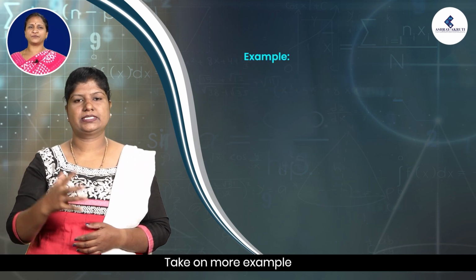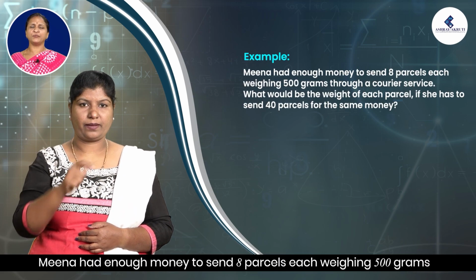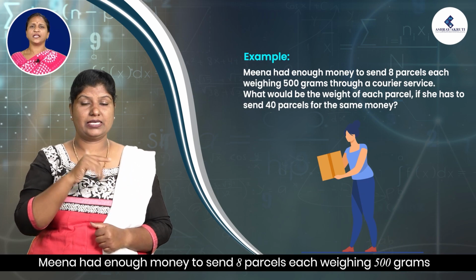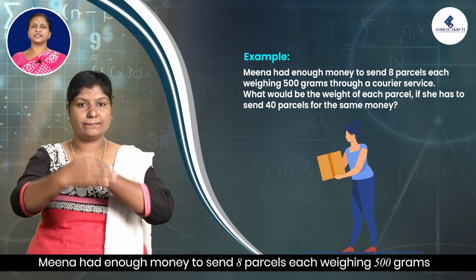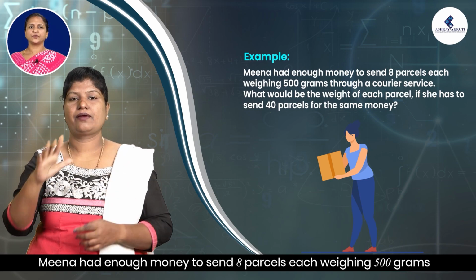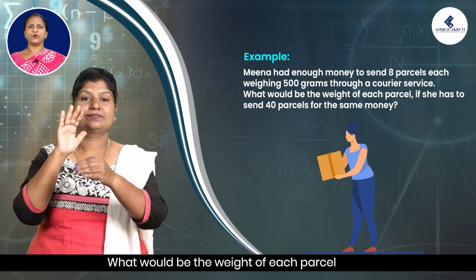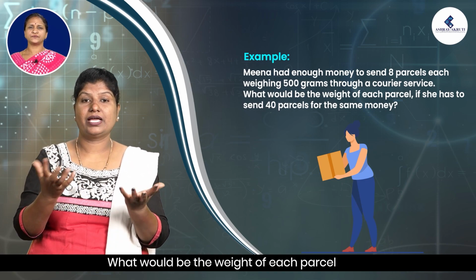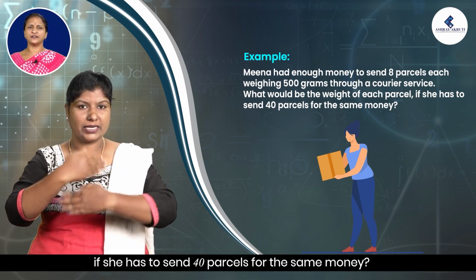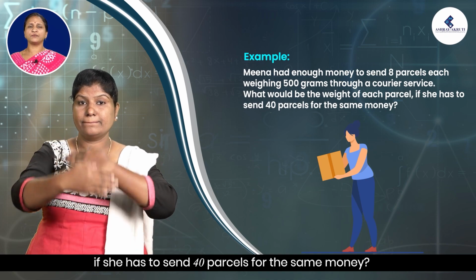Take one more example. Meena had enough money to send 8 parcels, each weighing 500 grams, through a courier service. What would be the weight of each parcel if she has to send 40 parcels for the same money?